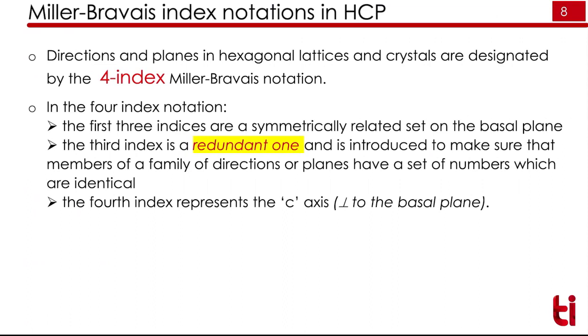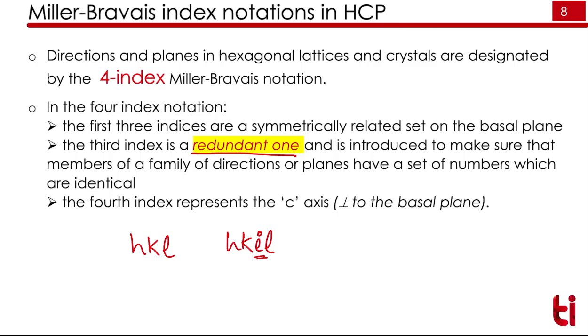Now we will see the Miller indices for planes and directions in hexagonal system. The Miller indices in HCP are a little bit different than the cubic one. In cubic we have 3 Miller indices called H, K, L. In HCP we have 4 Miller indices called H, K, I and L. So here the third is a redundant one.